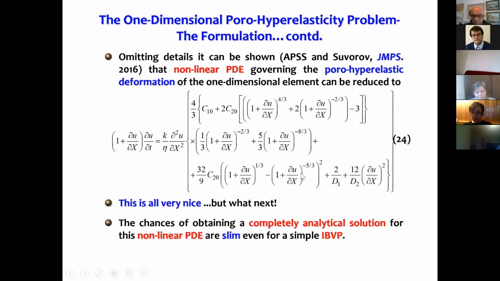So the answer is really, I don't think there is. If there is one, it would be so nice. I'll be very happy if somebody can find one. But I think the chances of getting one are very, very slim indeed. So this is a simple initial boundary value problem, but getting a solution is not very easy.